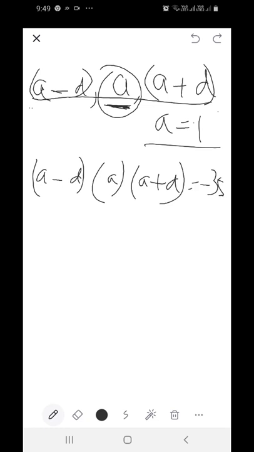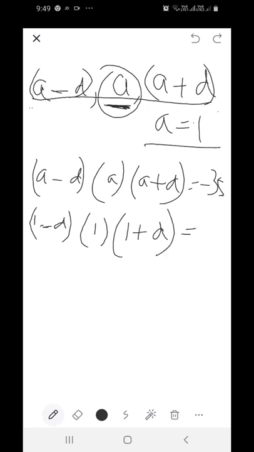Now put the value of A. It will become 1 minus D into 1 plus D is equal to minus 35. And 1 minus D and 1 plus D will be A square minus B square, that is, 1 square minus D square is equal to minus 35.